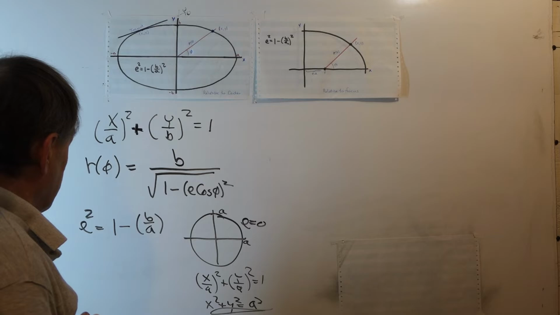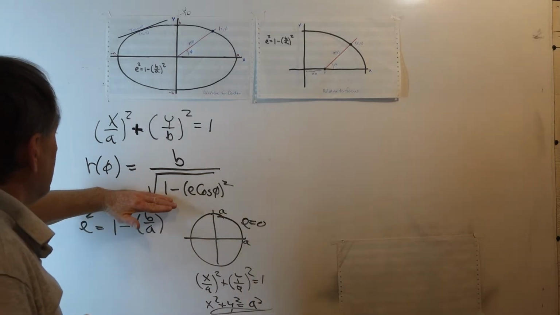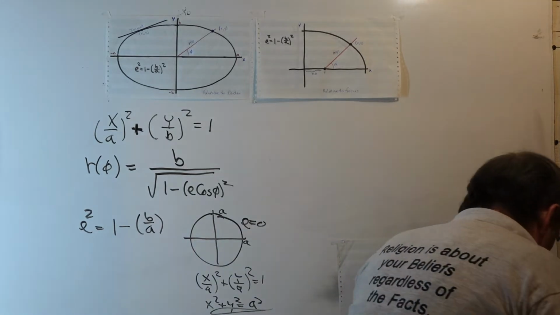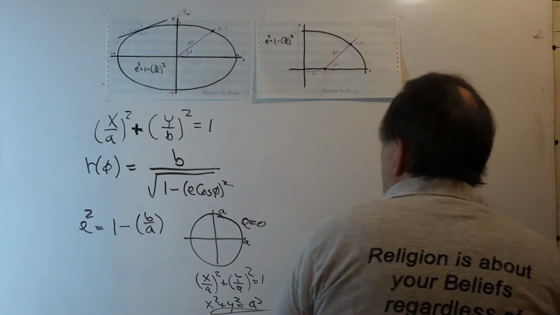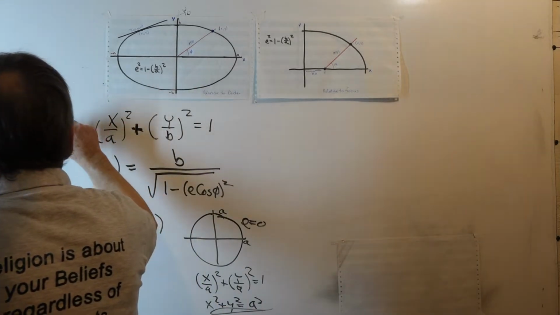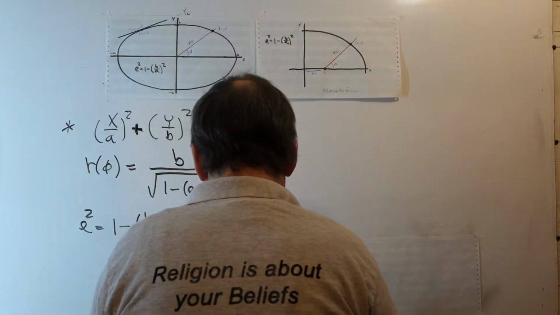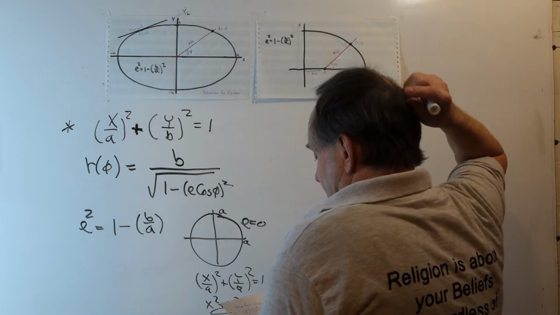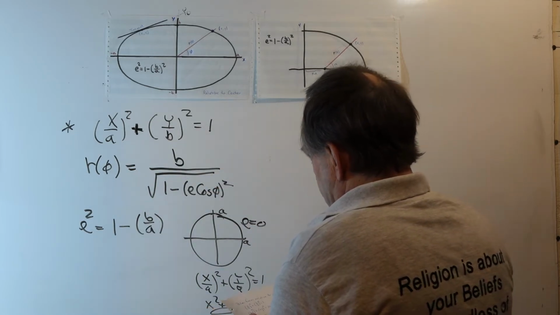Now, how can we get that from this? I'll show you that now. We start with this general equation for the ellipse. And let's multiply through by a b squared.